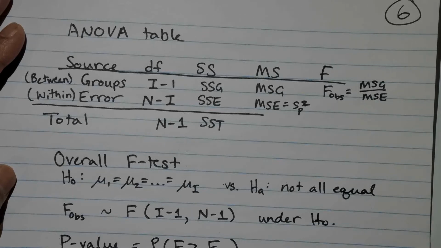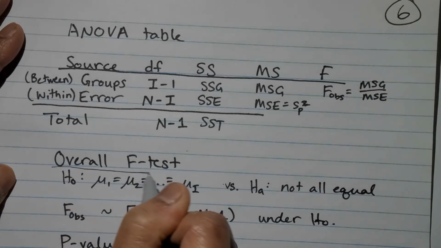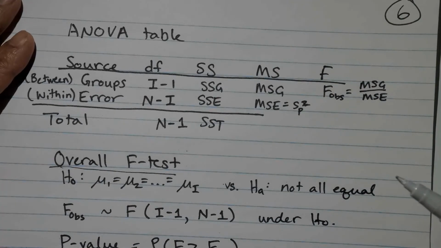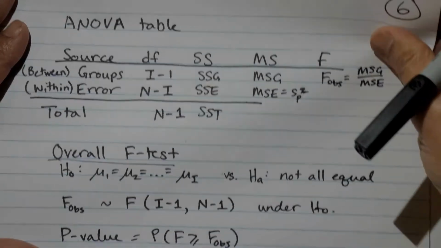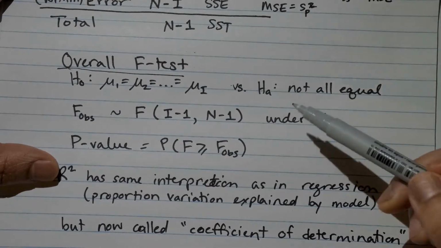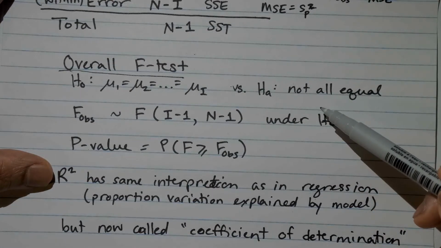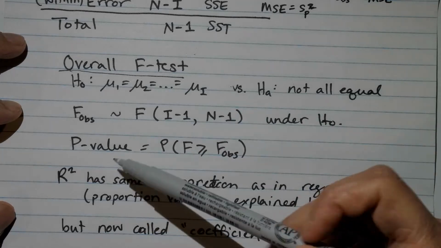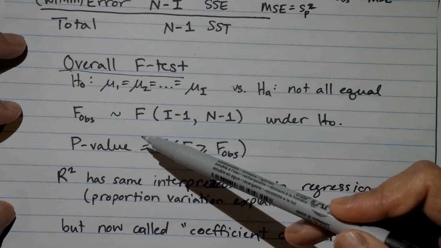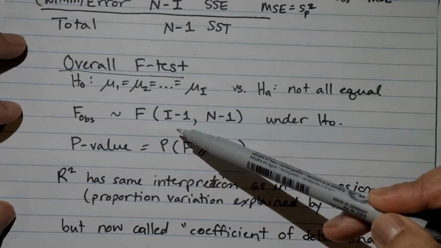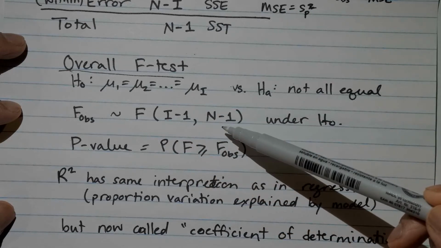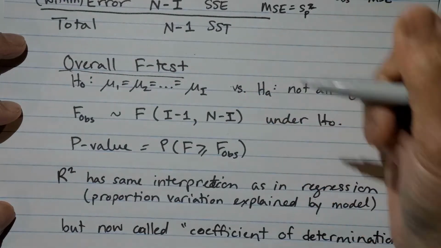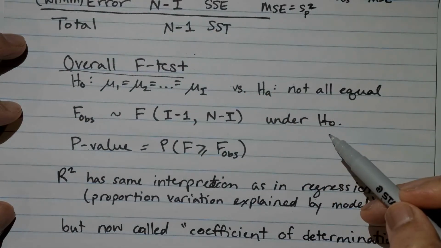So now we're in business to do an overall F-test, where the null hypothesis is that all of the group means are equal versus the alternative that they are not all equal. The observed test statistic can be read from our ANOVA table, and it follows an F distribution with I minus 1 and N minus I degrees of freedom under the null hypothesis.